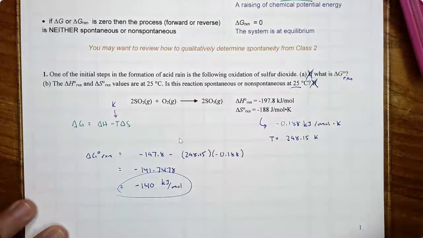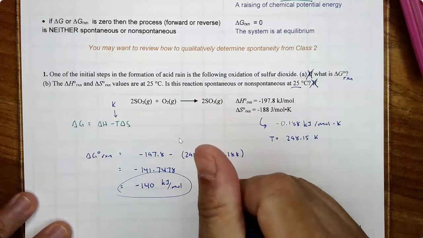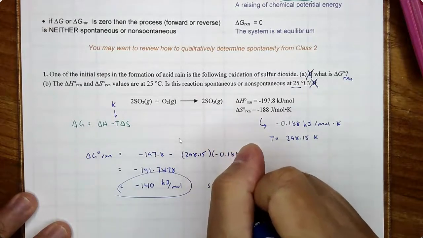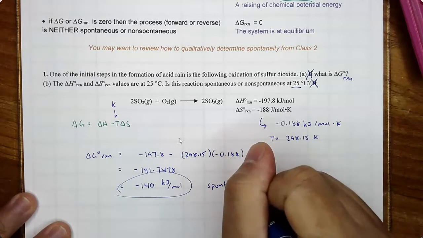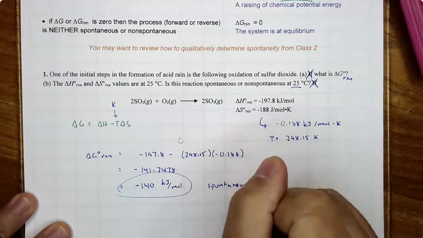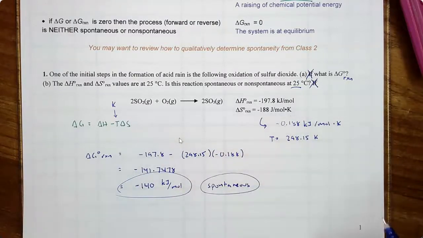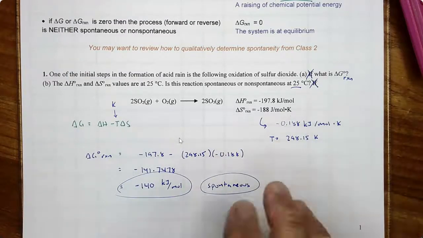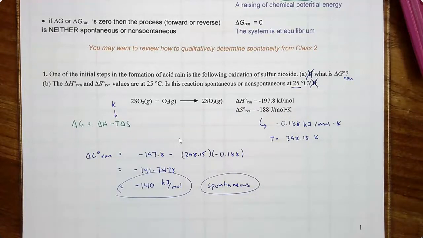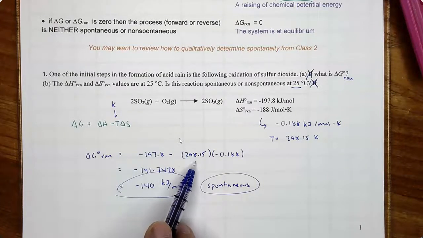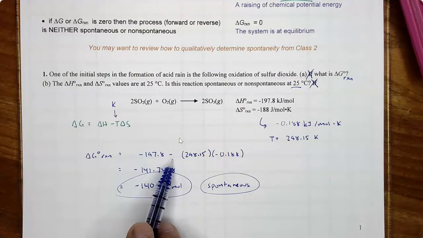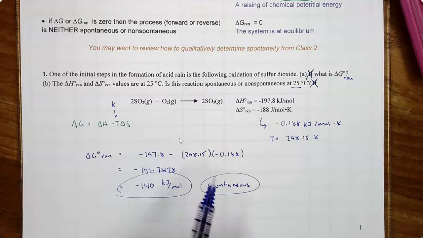Is this reaction spontaneous or non-spontaneous? This is spontaneous at 25 degrees C. Now, those are the 2 answers. Is it going to be spontaneous at all temperatures? I think if this temperature goes very, very high, we're going to subtract a bigger negative number, so we're going to add a number.